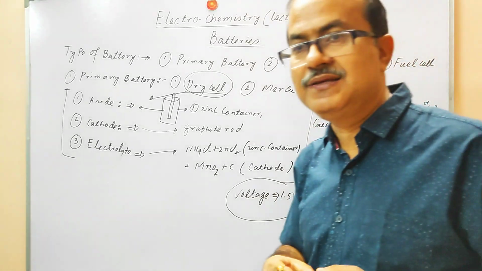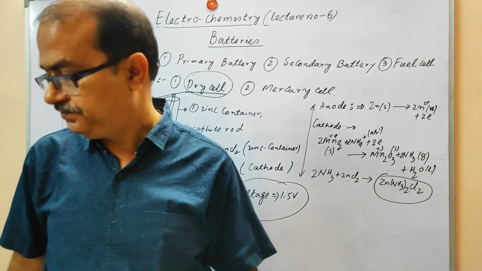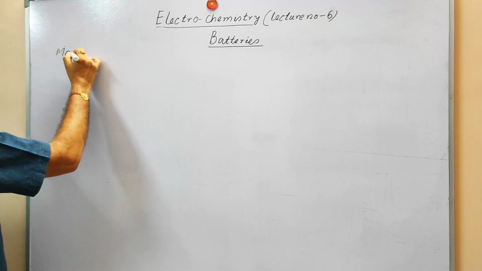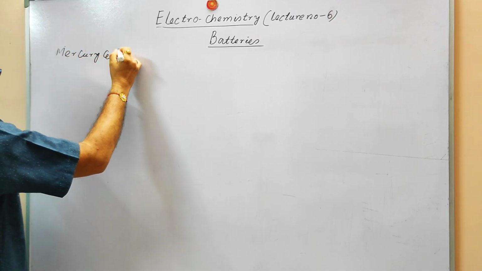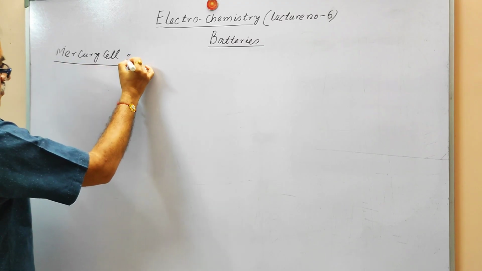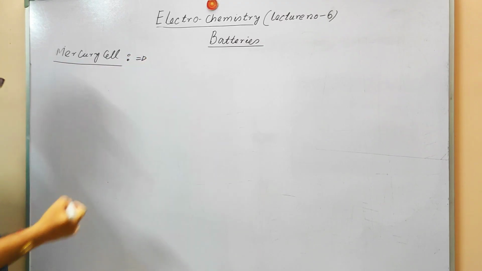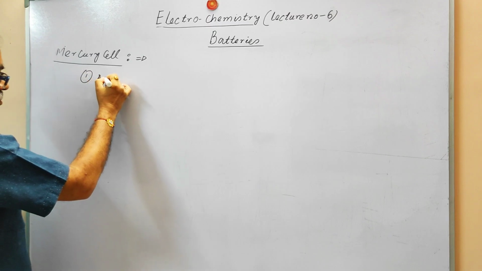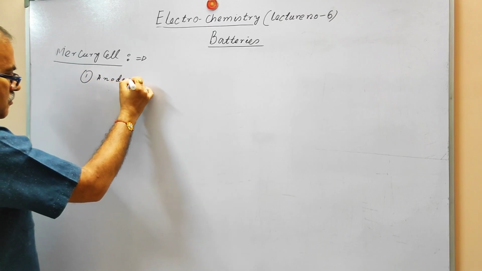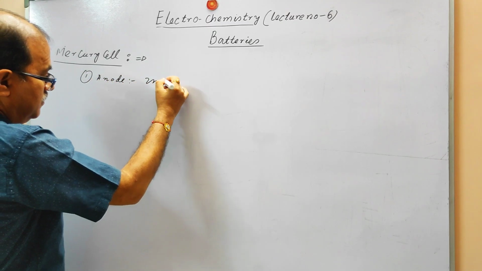Now we are going to discuss the mercury cell. Now we are going to discuss another very important cell, that is the mercury cell. Just like in the dry cell, you will find there is an anode. The anode is the zinc amalgam.